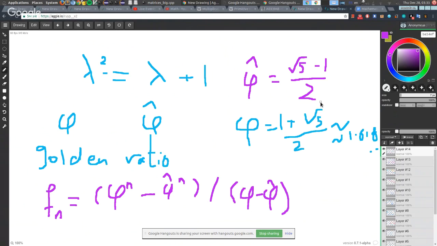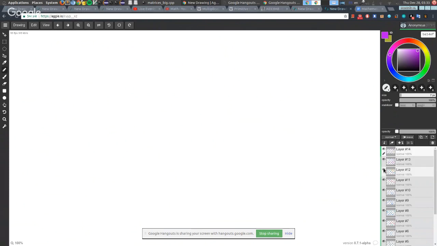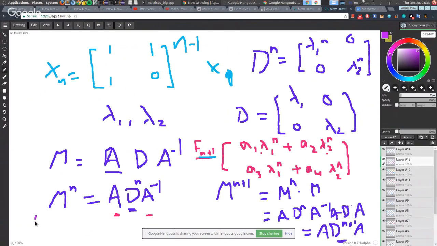So this was one way to solve the Fibonacci, using the matrices. The other way would be using generating functions. And by the way, this part here is called the diagonalization.